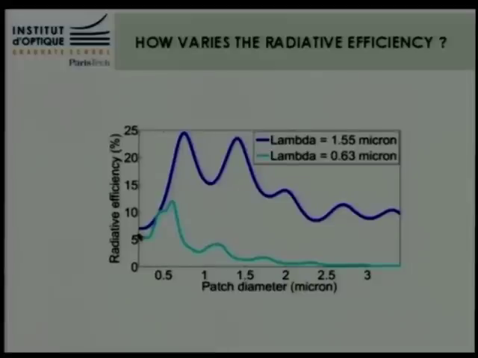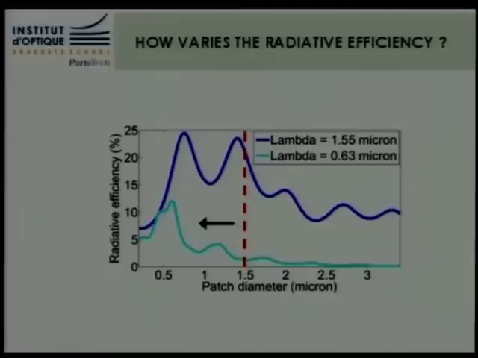So then when computing the radiative efficiency of the antenna, one sees that indeed it couples badly to the far field, only 1%. But this figure shows also that by going first to smaller resonant patches, one can increase the radiative efficiency.